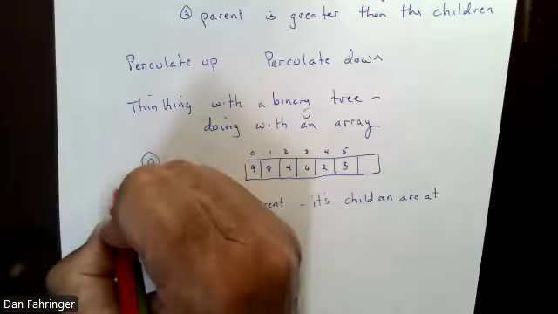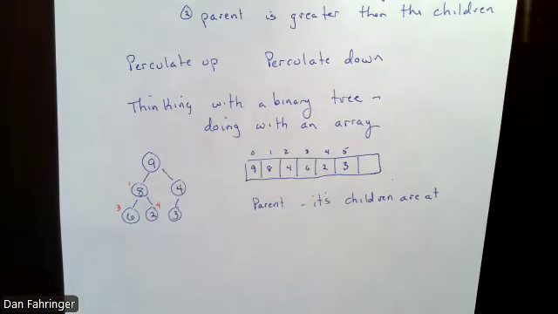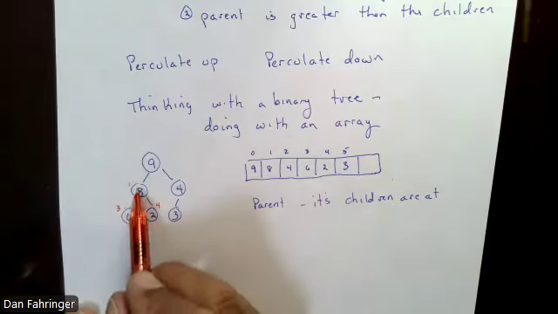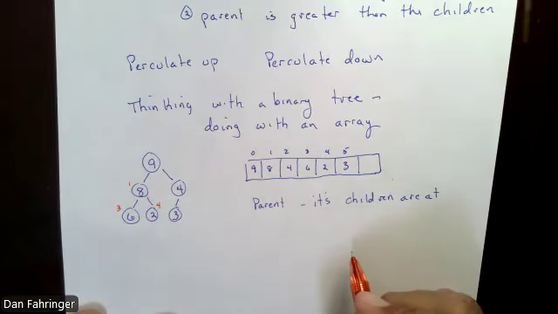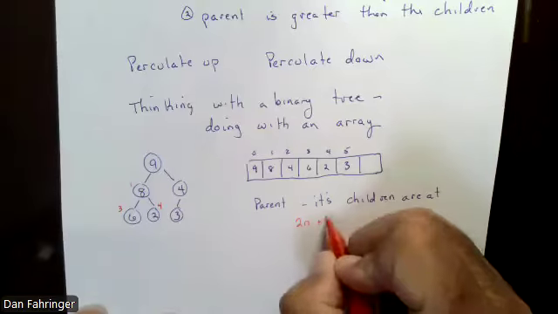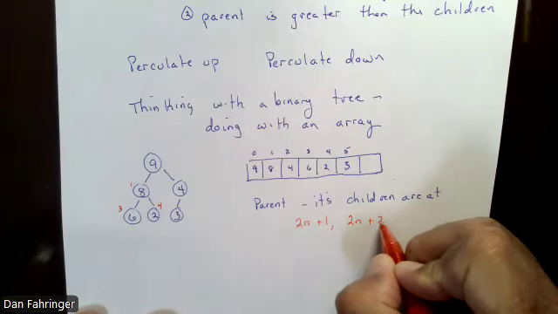One's children were at 3 and 4. So there's going to be 2 of them. What were the formulas? Is it 2n plus 1? Yep, that was one of them. And 2n plus 2? You got it.